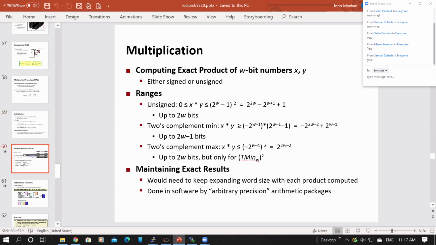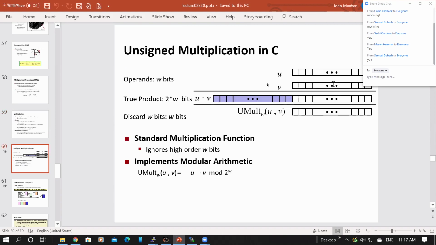So the picture is, of course, you take W bit wide things, multiply them, and the true result would take this many bits. But we don't have that many bits. We just have the number that we started out with. It's where it's going to put the result. And so the unsigned multiply in W bits of U and V would be this, and then we truncate it to the W bits that we have, right?